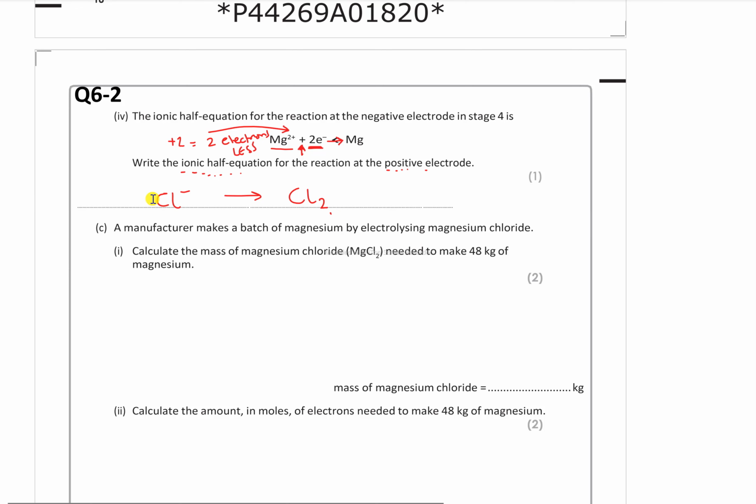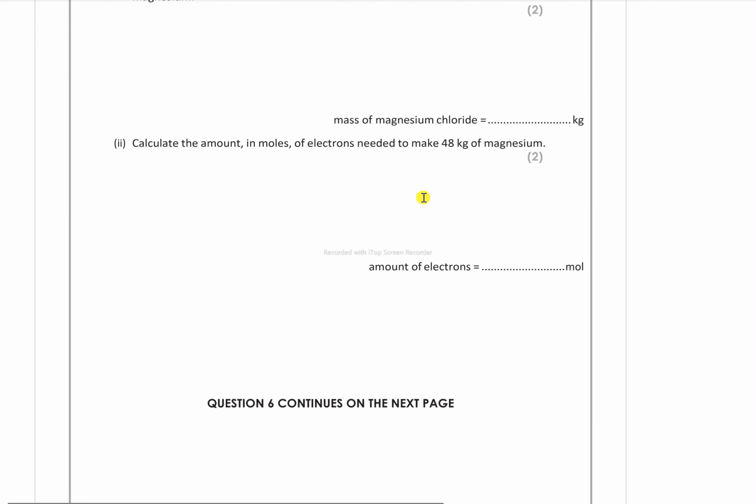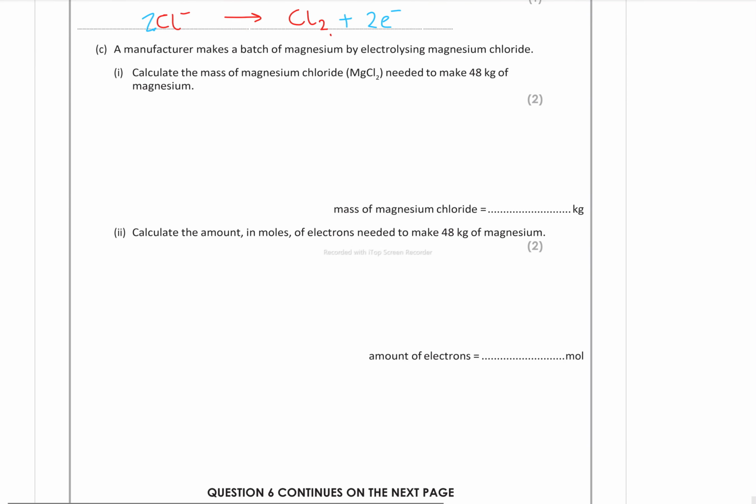We can't stick a 2 here, we have to stick it at the front. Now if you look, we've got 2 minuses, 2 electrons on this side. We need to balance the charges as well on this side. So all I would do is write plus 2 electrons.